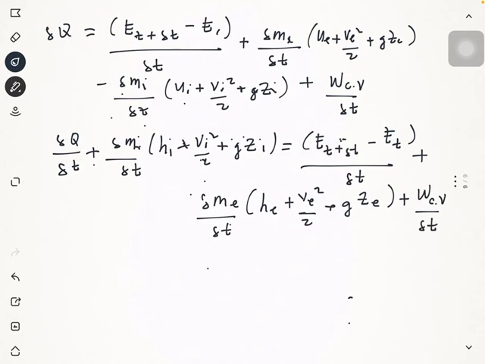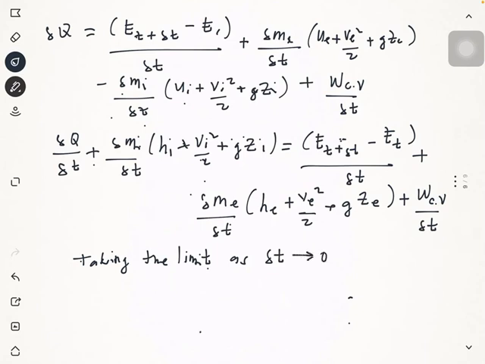Okay, so we take the limit here, as the differential of t approaches 0.